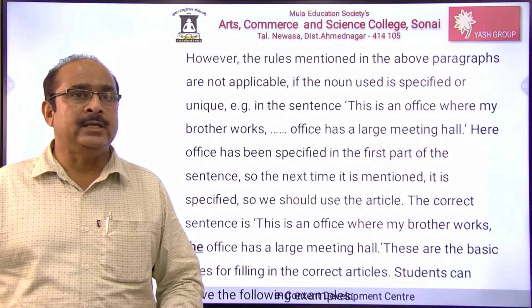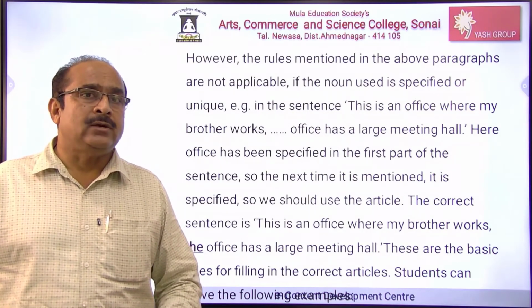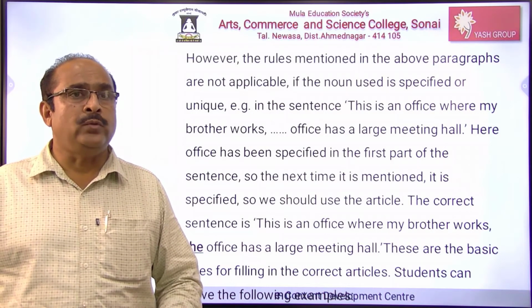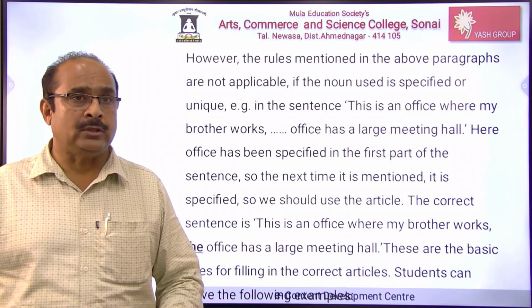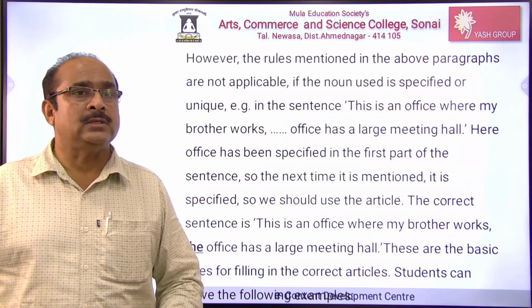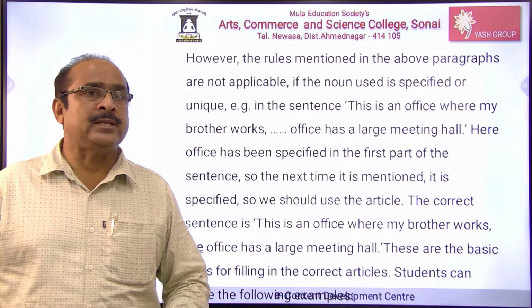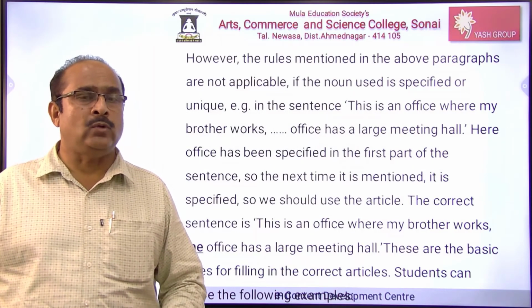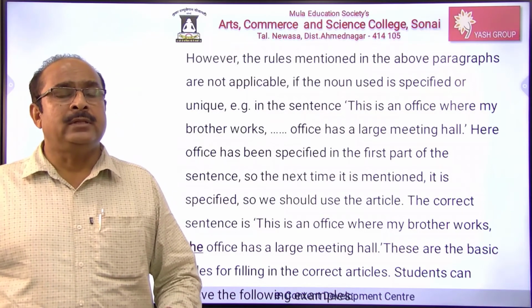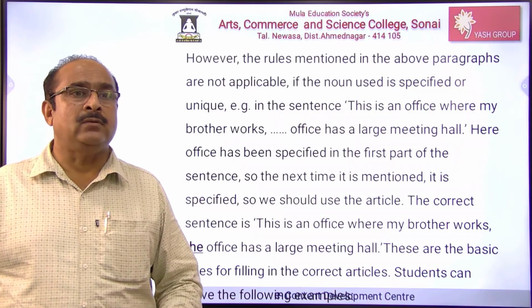In the first sentence, there is already the word office and we are using that word again. And we know which office we are talking about when we speak the second sentence. That's why office is a specified word. So in this case, we have to use the. The correct sentence is: This is an office where my brother works. The office has a large meeting hall.